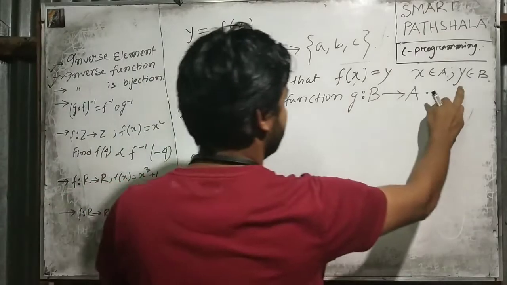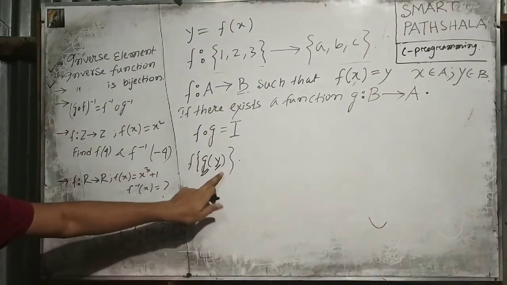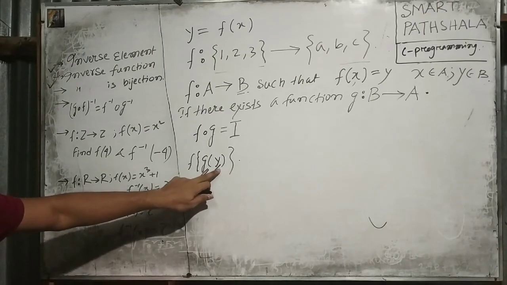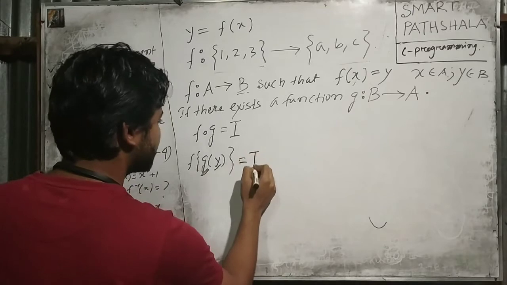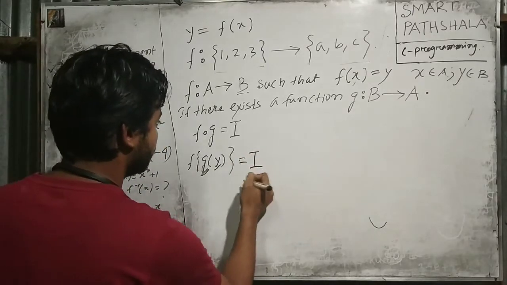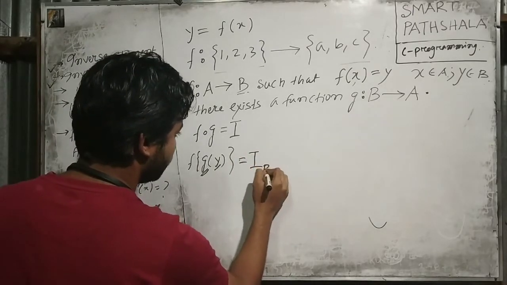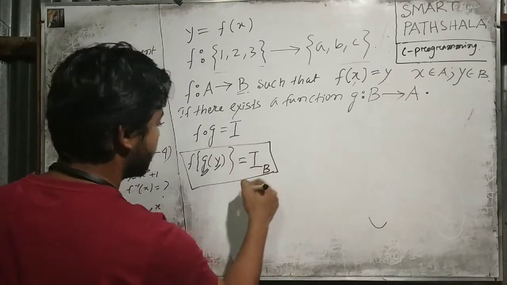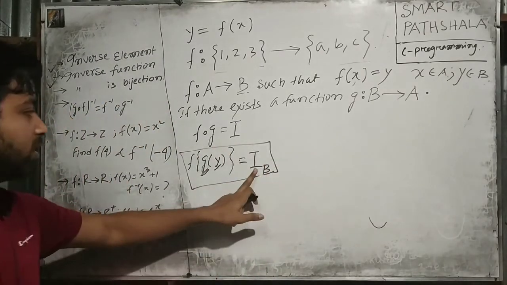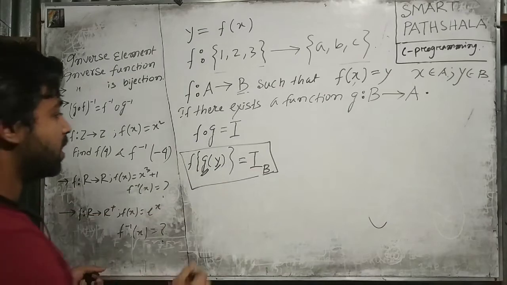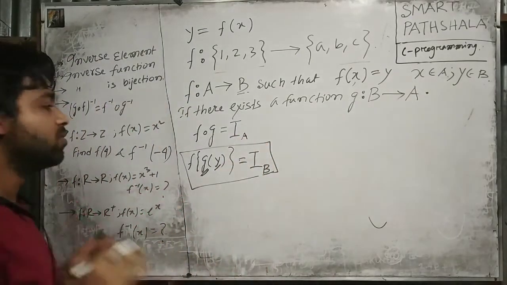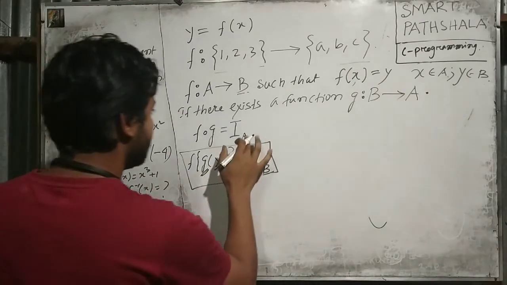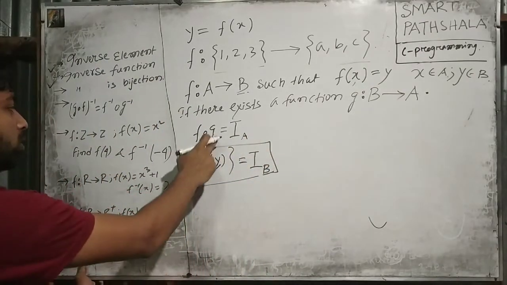So here an element, suppose that this element is y. As I have written here, y belongs to B. Then we will get the identity function over the set B. Just remember, if you write here I of A, then it is wrong, because A is the domain of f, not g.